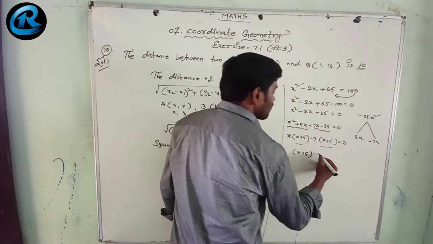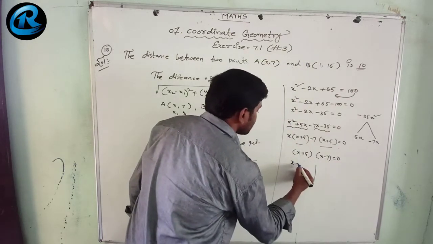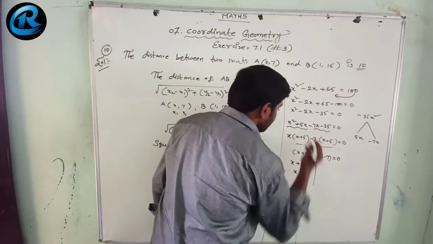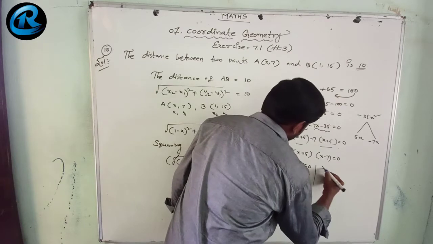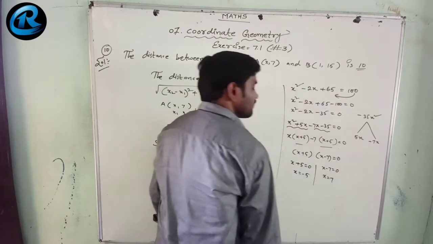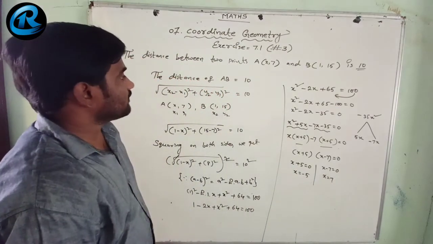So x plus 5 you take out common, x minus 7 equal to 0. Hence you will get x plus 5 is equal to 0 and x equal to minus 5. And x minus 7 equal to 0, where x equal to plus 7.